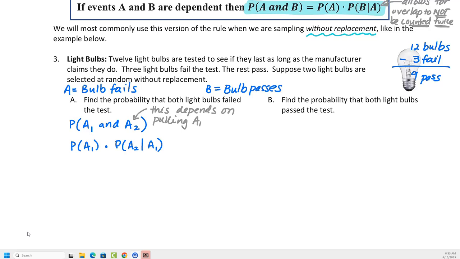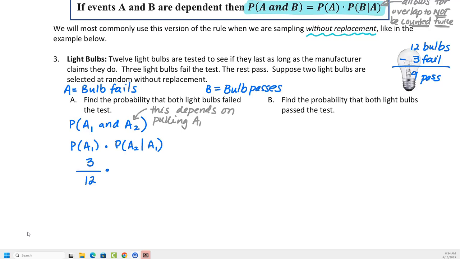Okay, so for the first bulb, how many bulbs total are there? 12. And we're looking for the favorable outcome that the bulb actually fails, so how many of the bulbs will fail? 3.